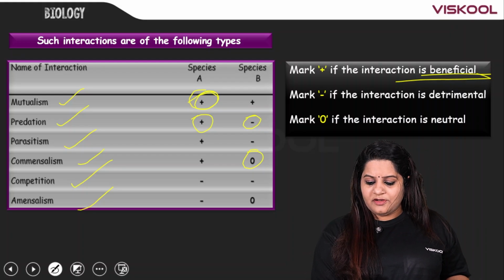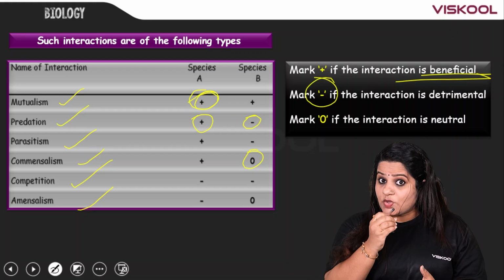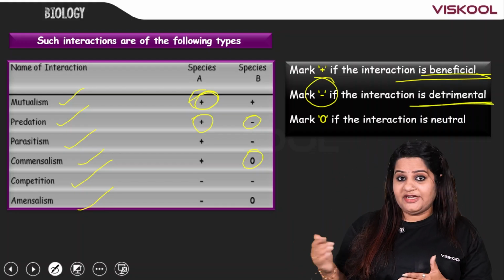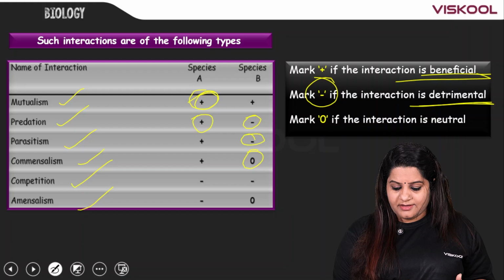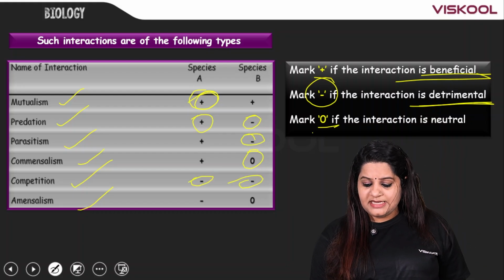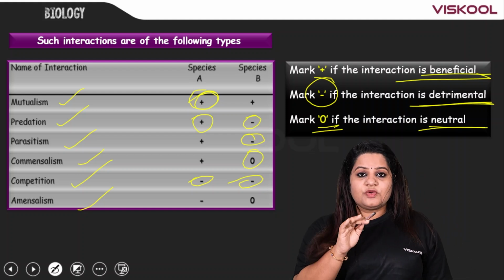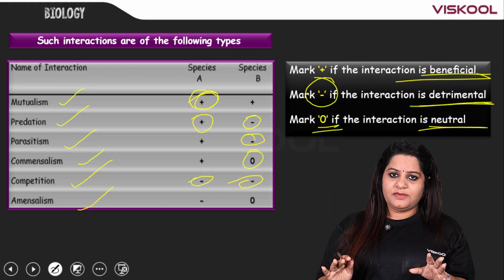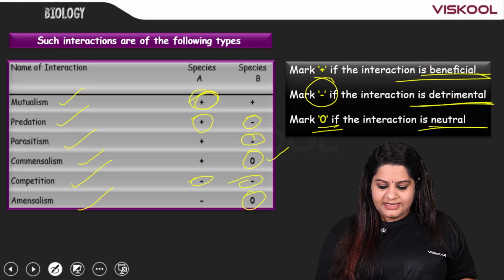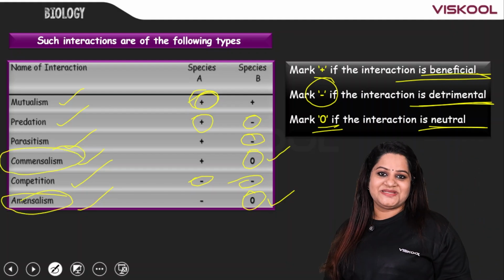If a negative symbol is there, then the interaction is detrimental, a negative interaction. Zero means neutral interaction, neither gain nor harm is taking place. Neutral interaction comes in commensalism and in amensalism.